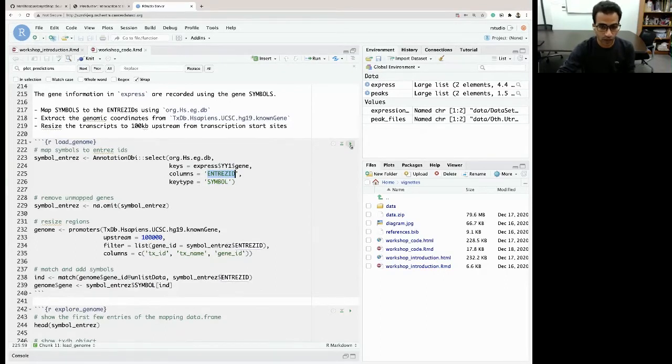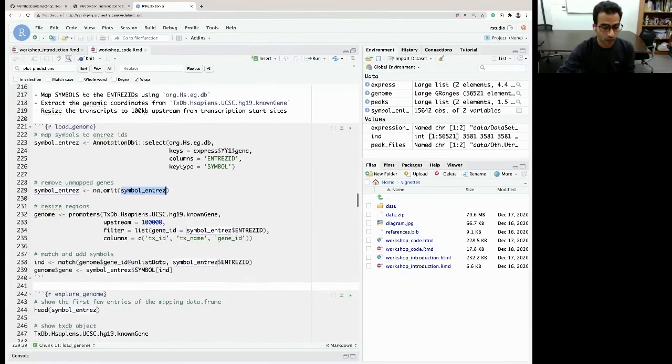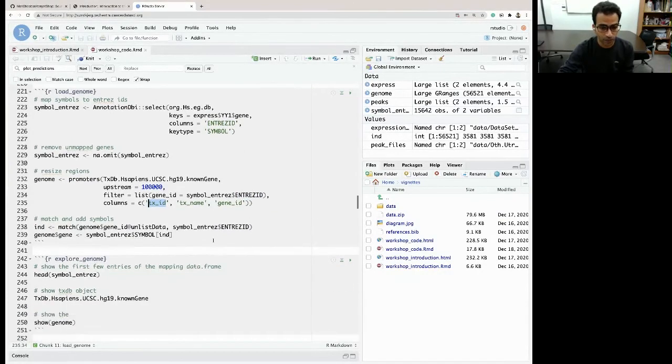And then if I execute that, I'm removing the missing values, and then we use the promoters function to say I want 100 KB upstream from all genes, but filter those genes by the Entrez IDs that we have, and then add the transcript ID, the transcript name, and the gene ID.